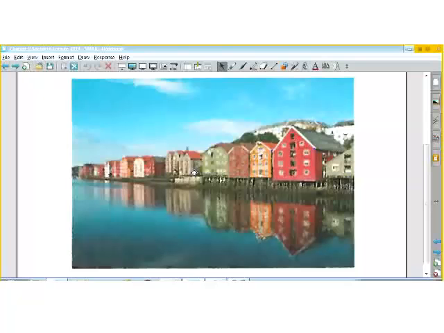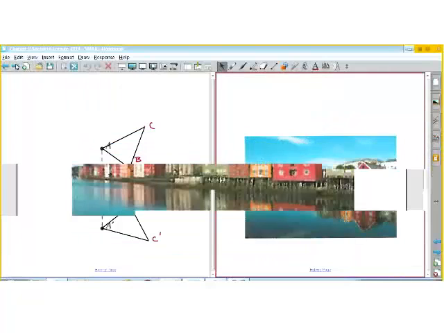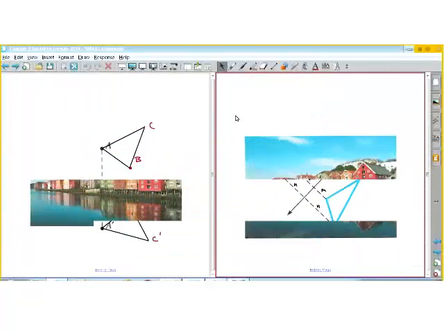I'm not 100% sure. My guess is Norway. That's kind of the typical architecture that you would see on the coast of Norway. And I know that because I've seen pictures. My mother went on a cruise one time, and they went into all these little coastal areas, and they look kind of like that. So anyway, that's an example of a reflection in a real situation.